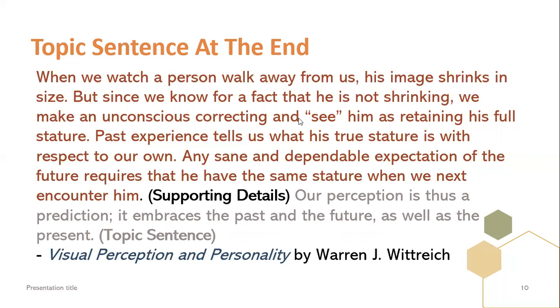So in this paragraph, the supporting details are fully outlined with an example, and then it concludes with the topic sentence, which is the generalization. So it's basically saying from this example that I outlined before, this is what we can deduce. So it moves from the specific to the general. And that is basically the structure of such a paragraph.